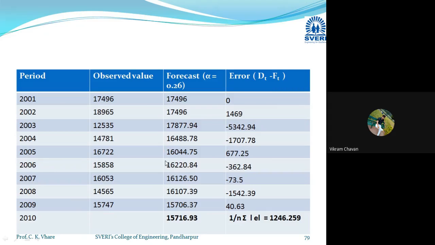Then calculate the forecast value for the year 2005. For that calculation, f of t minus 1 is 16,488.78 and d of t minus 1 is 14,781.